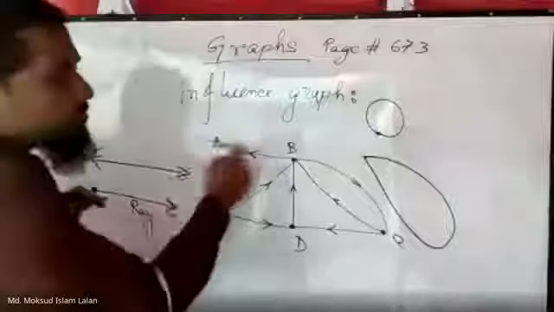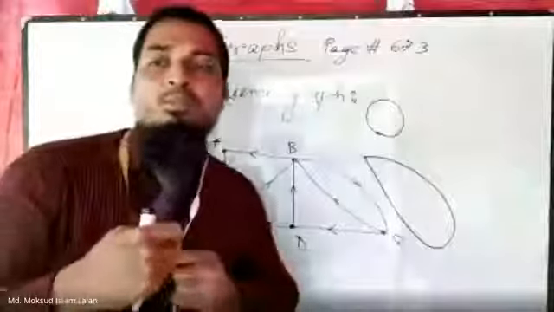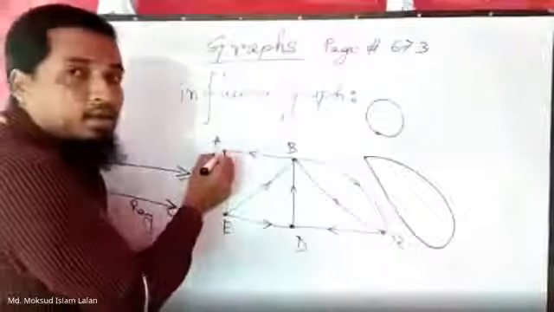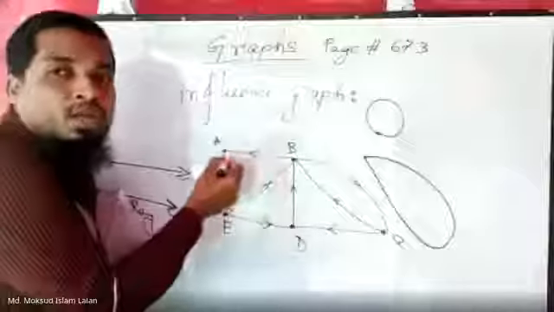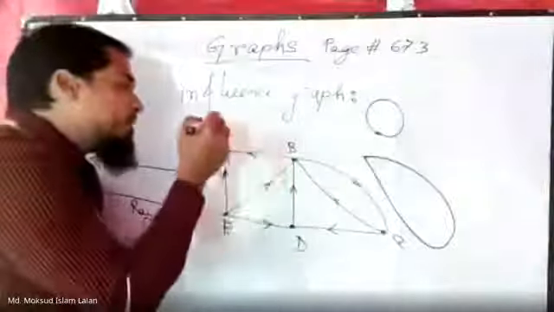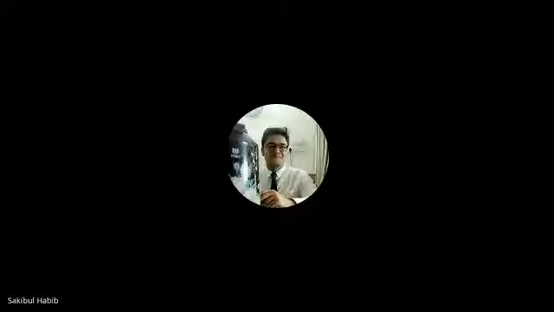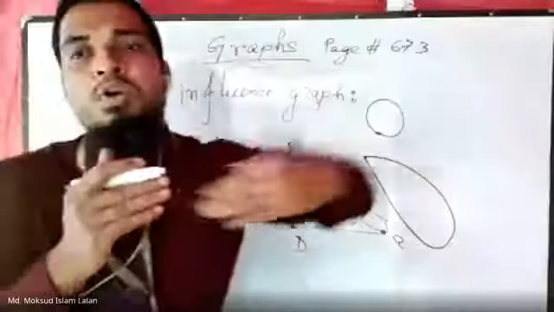But here we are using direction. We are moving from this towards this. B moves towards A. When B reaches A, then it stops, right? So you cannot say it is continuously moving.